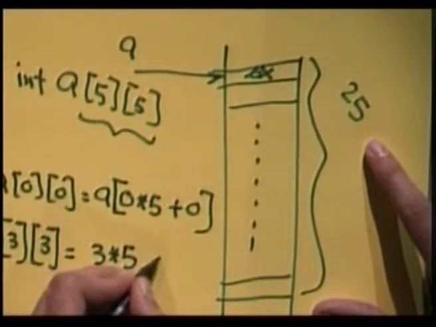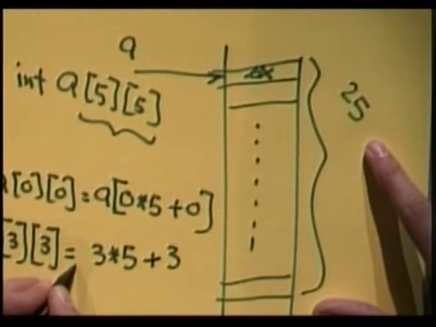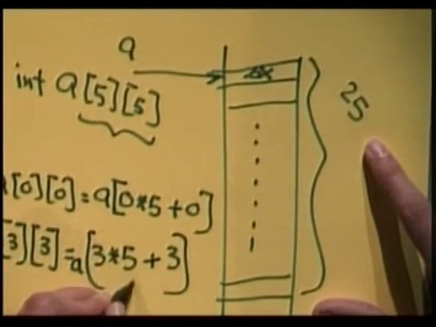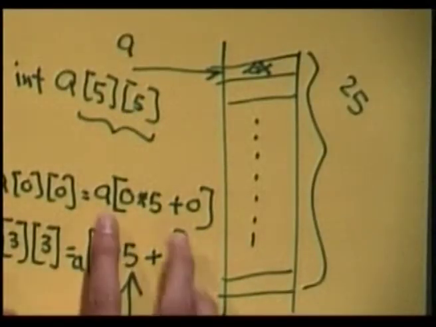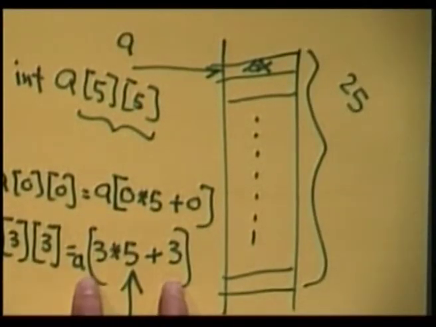So that's 15 plus 3. That's where my entry is located. A very simple calculation, and we can always refer to it using the square bracket like this, or using this notation as well. Both work. We can write a simple macro at the beginning of our program to indicate that.